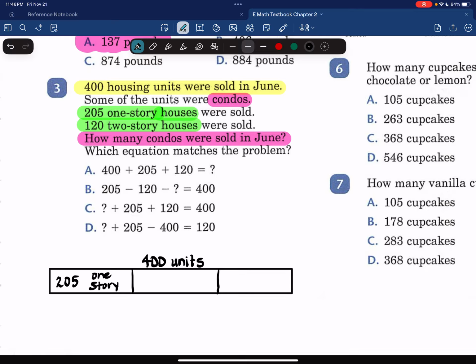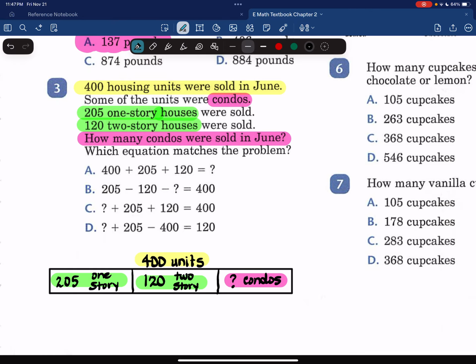We know that we have 120 two-story houses. And we know that the unknown is the condos. So let me follow the highlighter for you. We know these. We know the total. But we do not know the number of condos.